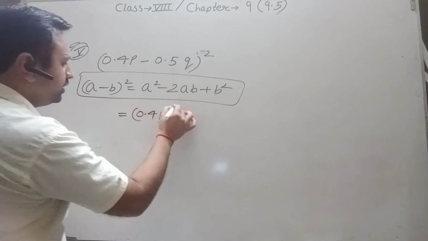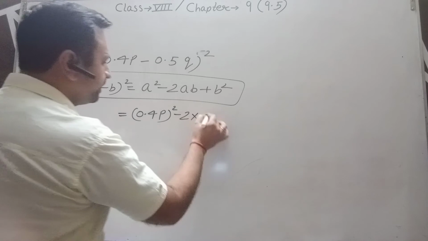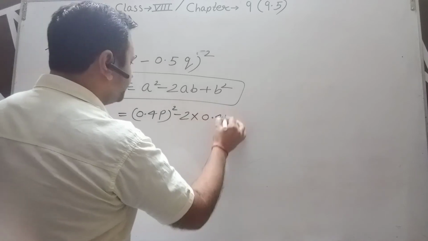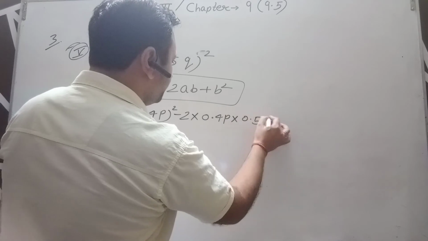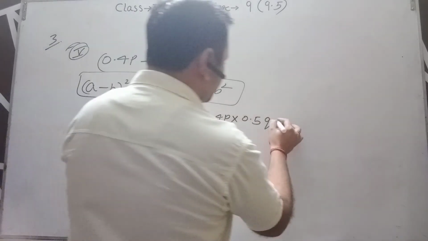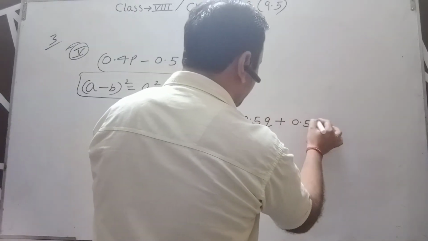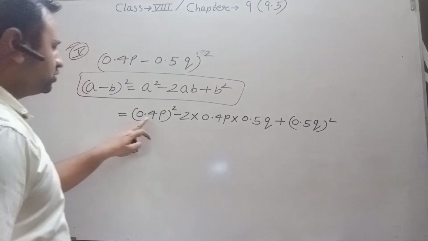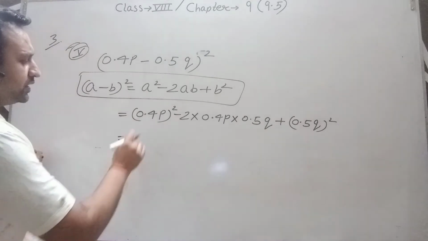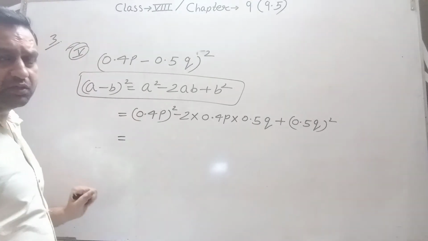(0.4p)² − 2 × 0.4p × 0.5q + (0.5q)². 0.4p into 0.4p, 0.4 multiply 0.4.